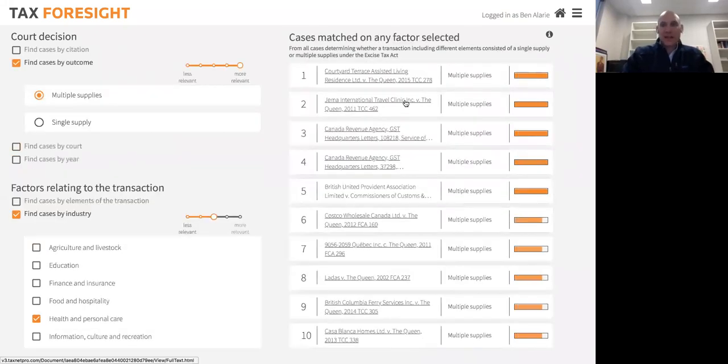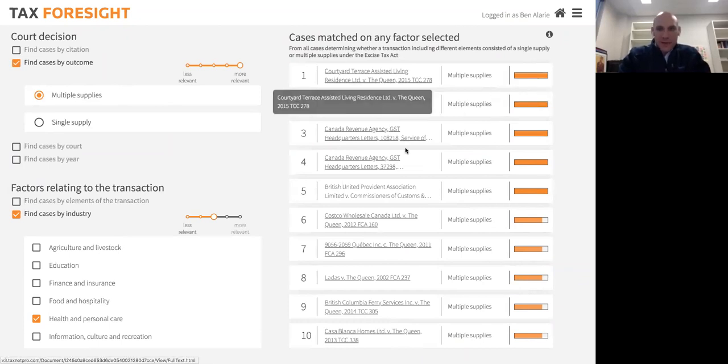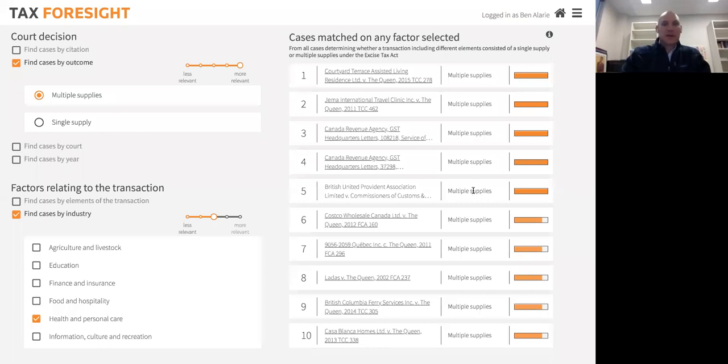And I say, yes. Okay, now we're getting all the multiple supply cases first that are in the healthcare industry. So we're matching on the outcome, we're matching on the industry. And so I might want to look at these particular examples and figure out, okay, so what's driving the result in these cases? What's actually happening here that's driving the court to say multiple supplies?